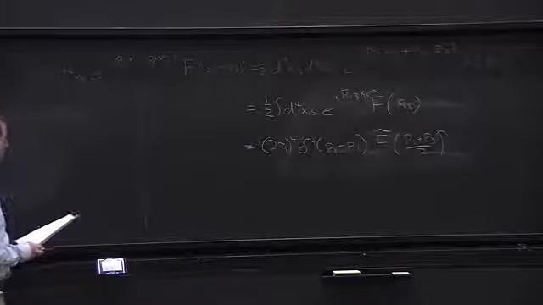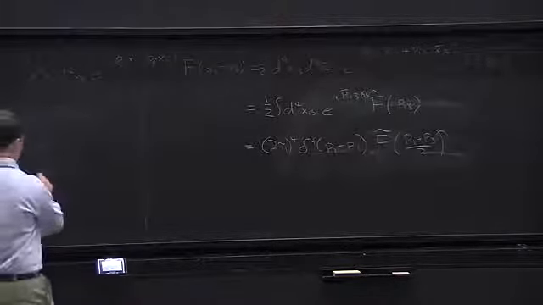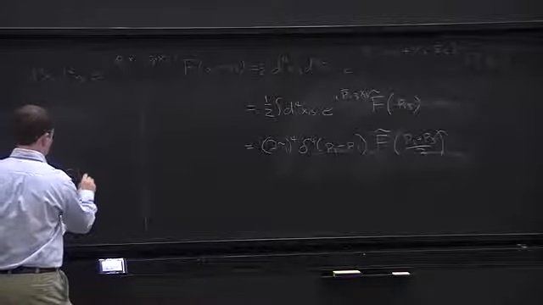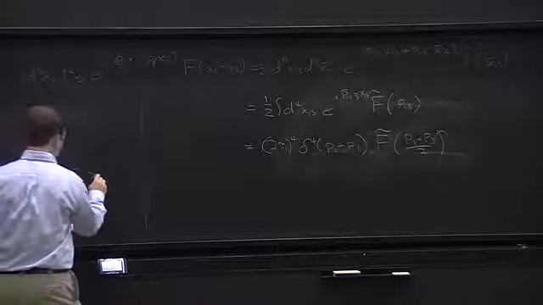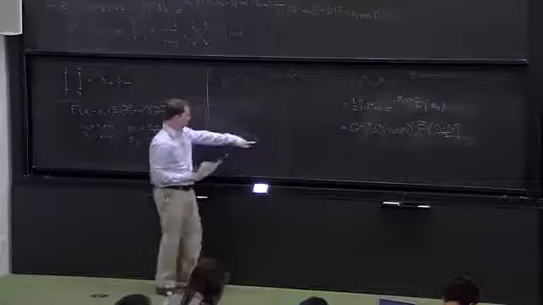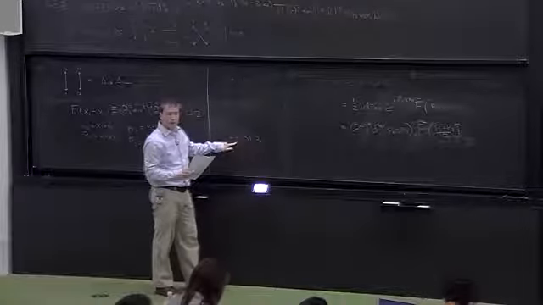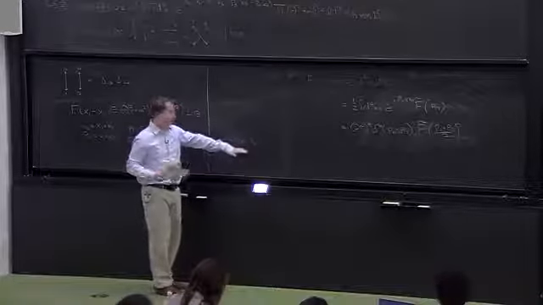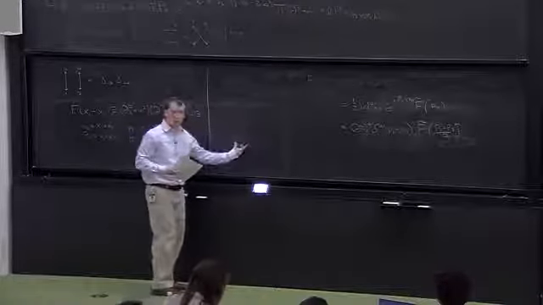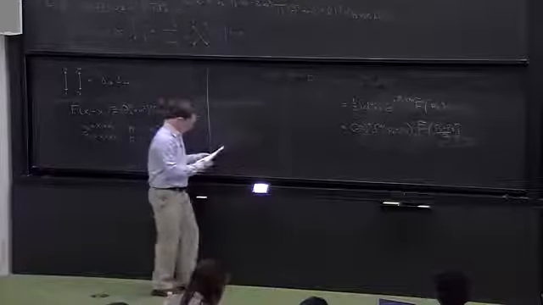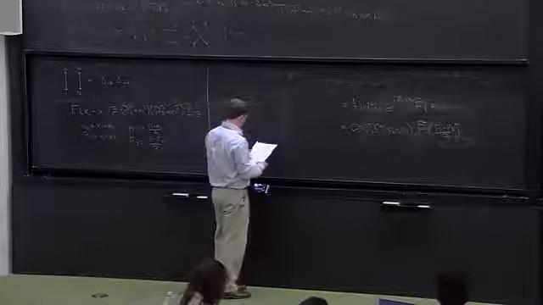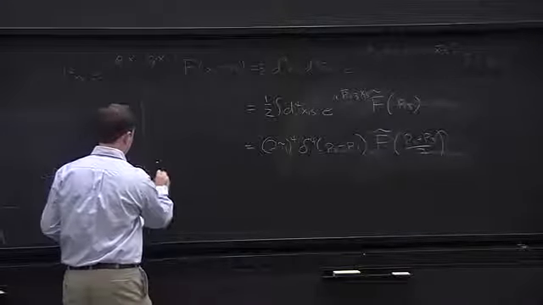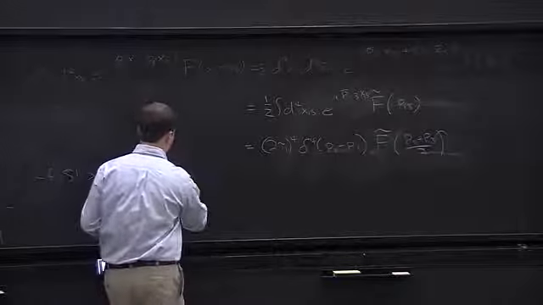So what we see is that the contribution to the scattering from this diagram, so this notation will just mean the contribution from this diagram to the scattering amplitude. Of course, to be consistent, we'd need to add all the diagrams of the same order, but I'm just computing them one at a time. So this is proportional to a delta of p1 minus p3.